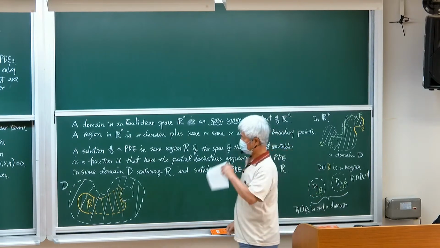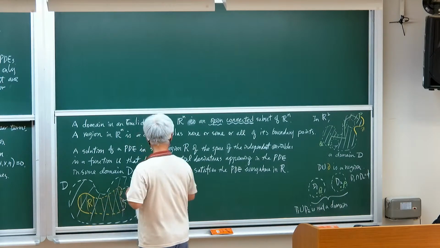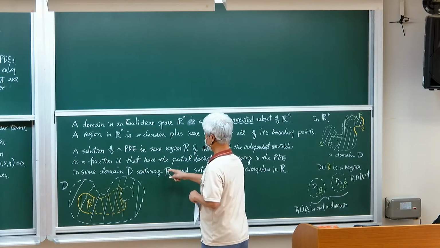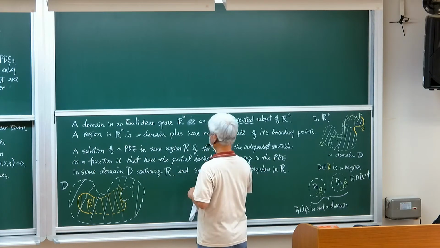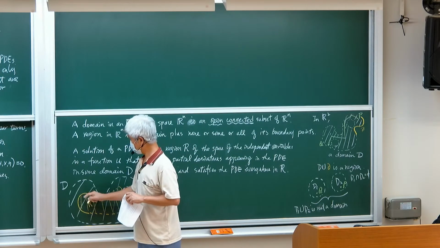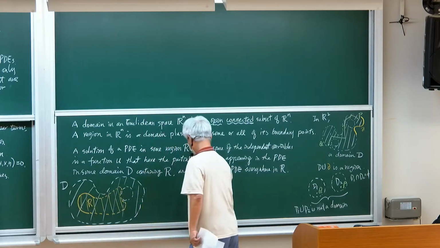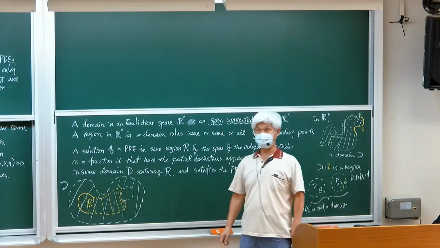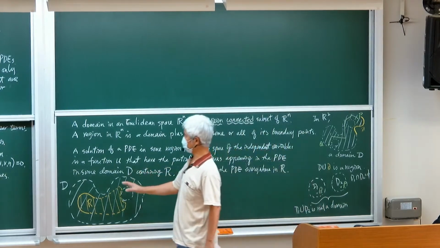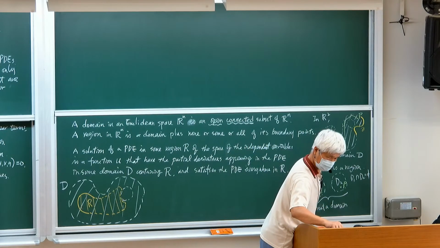So at every boundary point, the partial derivative of U also exists because every boundary point is also in D, so that we can talk about the partial derivatives. To find partial derivatives, we have to look at a neighborhood of a point.